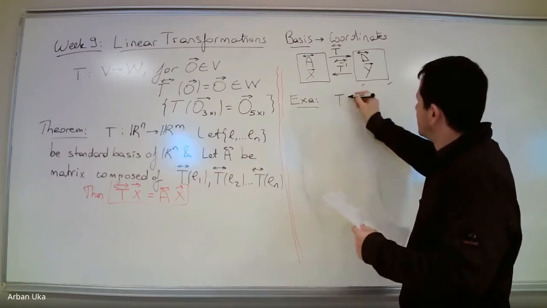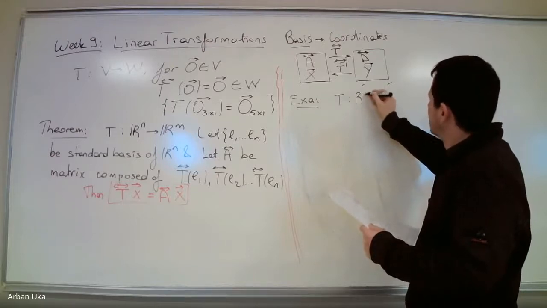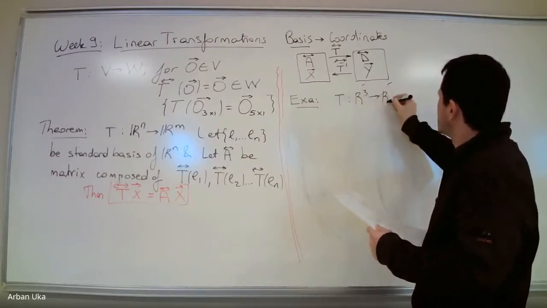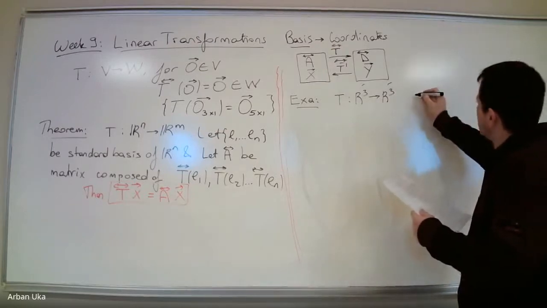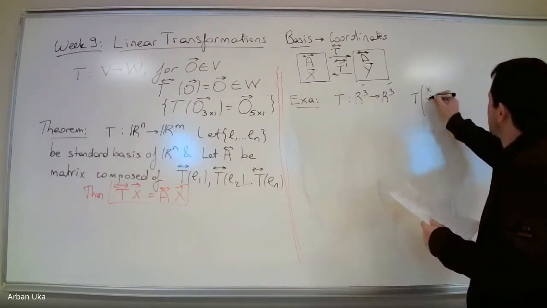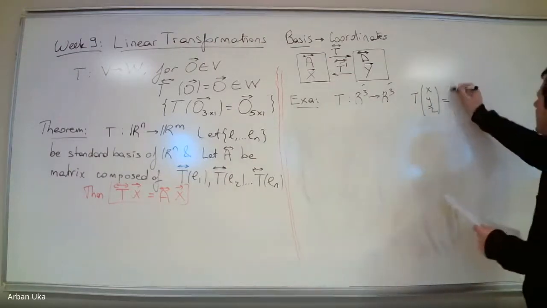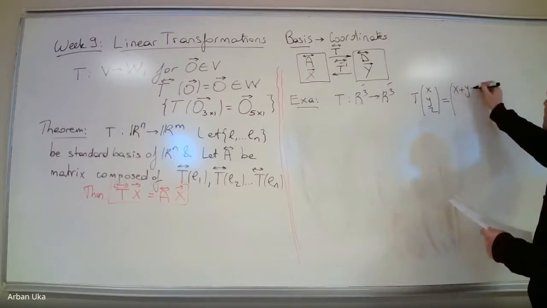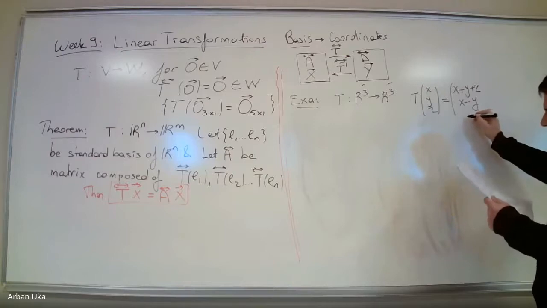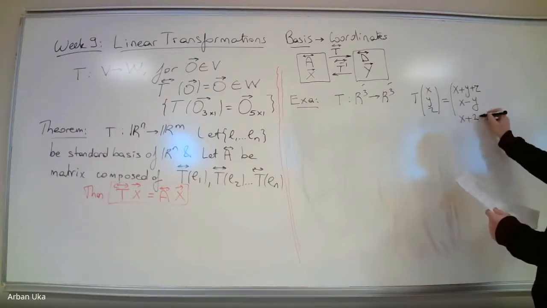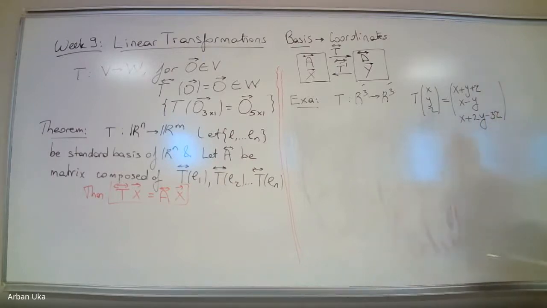Let's see an example, where the linear transformation T transforms from R3 to R3, such that T of x, y, and z is equal to x plus y plus z, x minus y, and x plus 2y minus 3z.